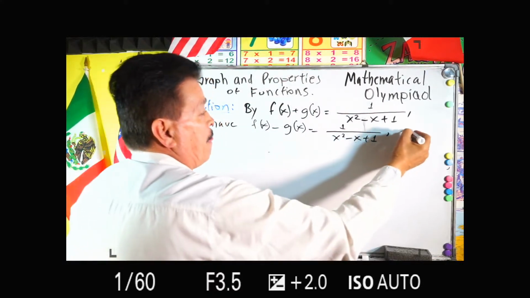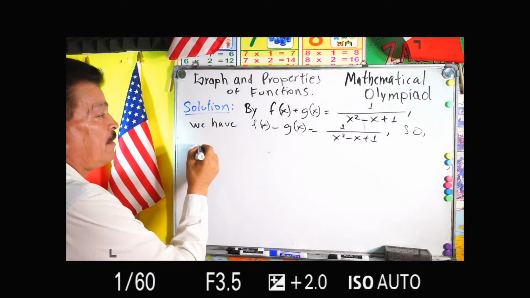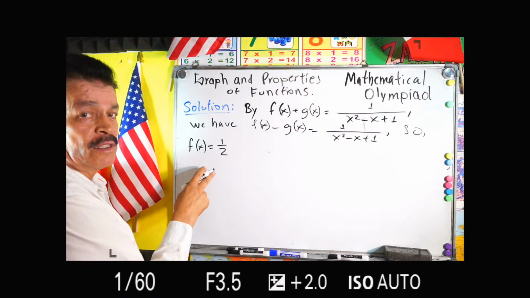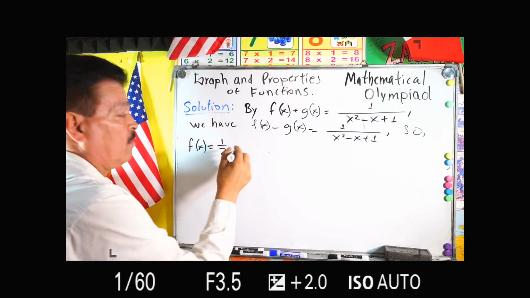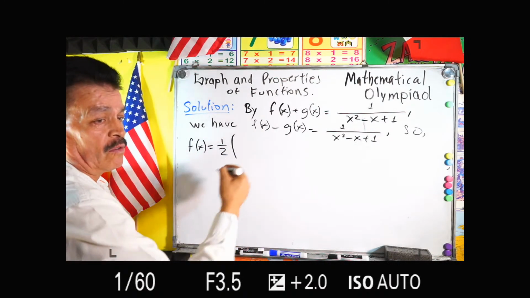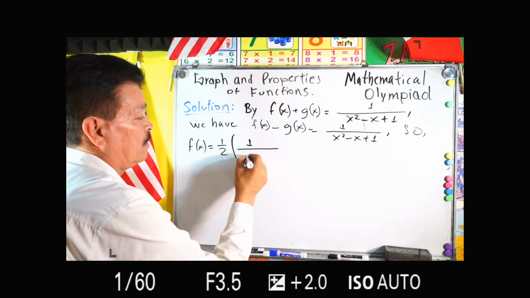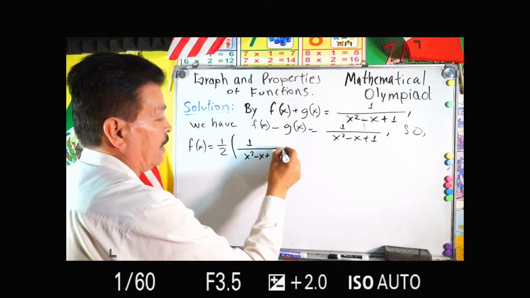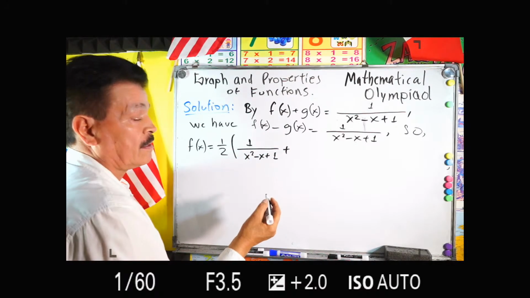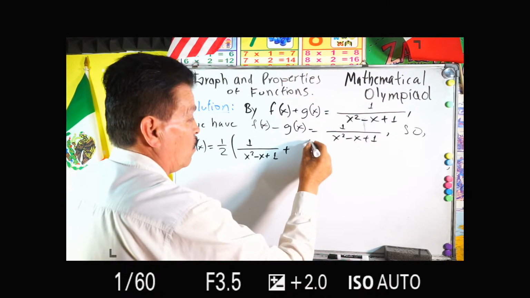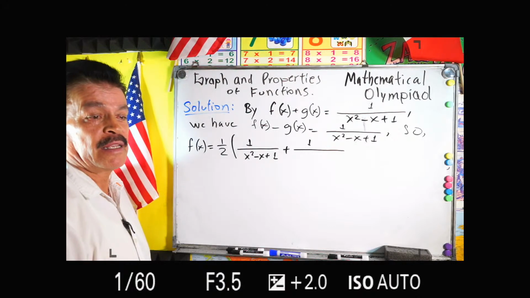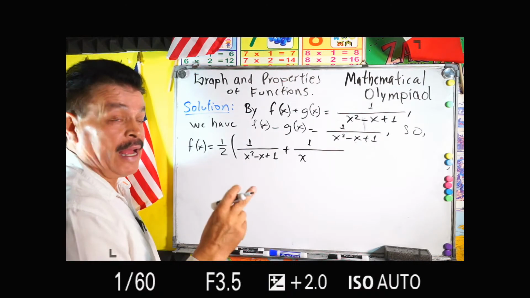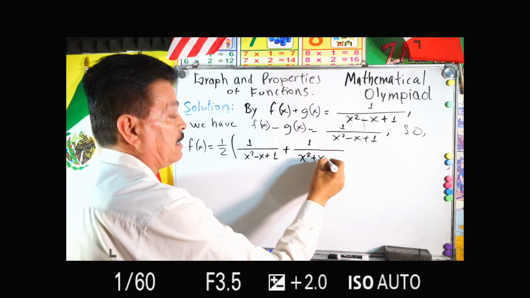So then f of x is going to equal one half of this big fraction, 1 over x squared minus x plus 1, plus 1 over x squared plus x plus 1.